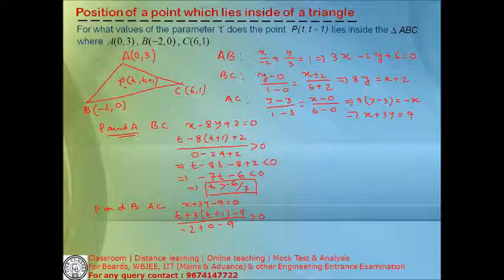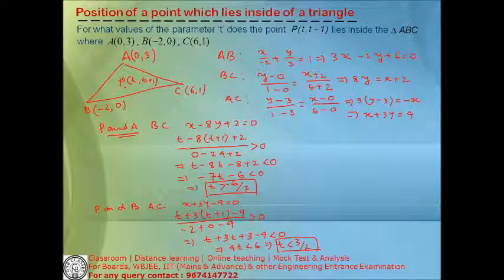So again the denominator is negative, so t plus 3t plus 3 minus 9 is less than 0. Sign will get changed. So we are going to get 4t is less than 6. That implies t is less than 3 by 2, right? This is the second condition that we got.